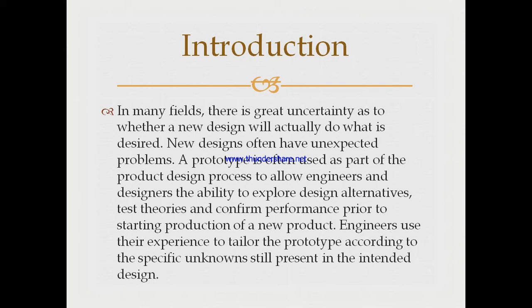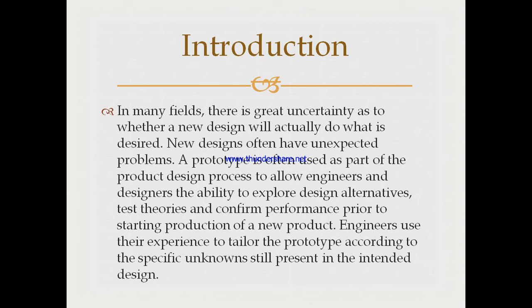In many fields, there is great uncertainty as to whether the new design will conform to the actual requirements of the particular customer or not. In the initial stage, before rapid prototyping and development, the trial and error method was widely used to design a new product.